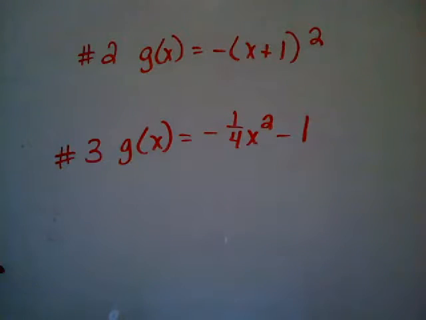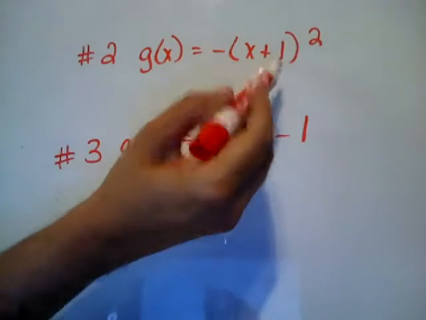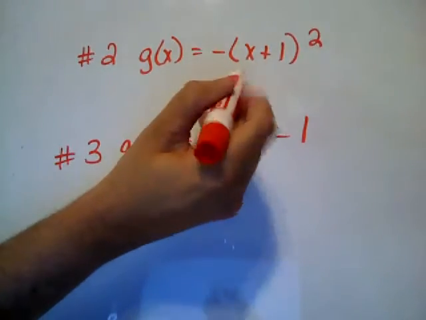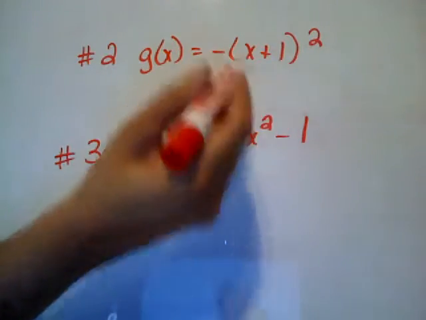So now let's look at number 2 on page 18, and let's walk through what we have learned and apply it. It says g of x equals negative x plus 1 squared. Now, this is not going to make a vertical shift. It's going to make a horizontal shift. And we see here that it's a plus 1. And if you set that equal to 0, it's actually going to be a negative 1.